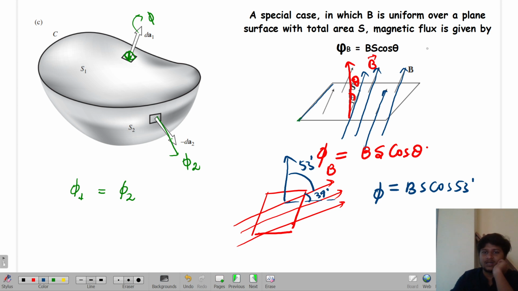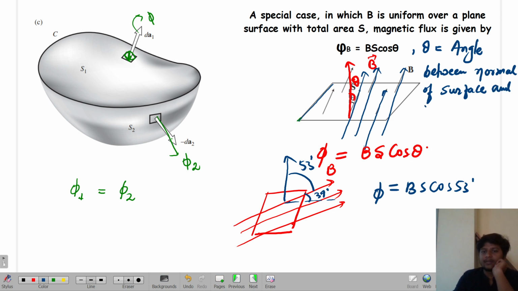So here theta is nothing but the angle between the normal of the surface area and the magnetic field lines. Got it or not? Yes or no?